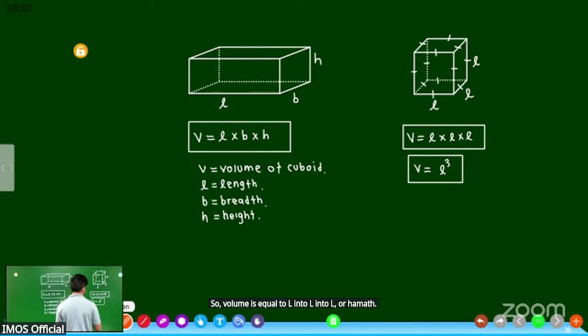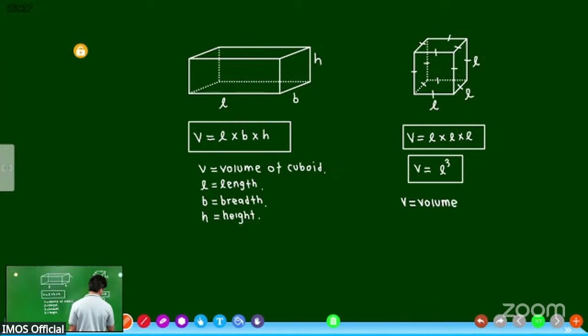හරි. So V means what here? Volume of a cube. L means length of a side. හැම side එකක්ම equal නේ. Length of a side of the cube.